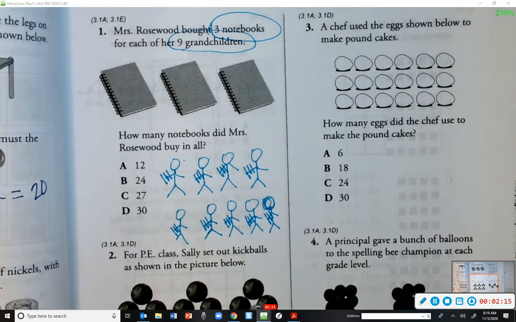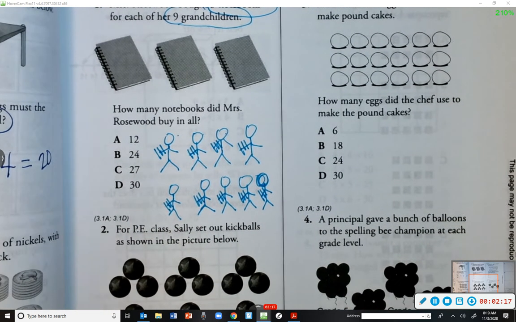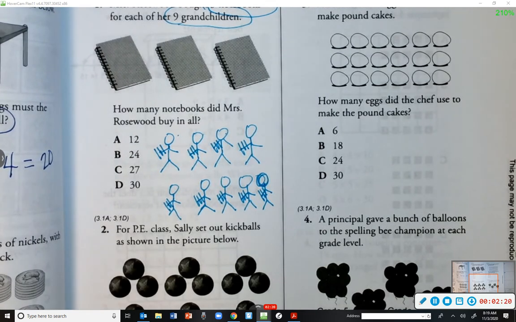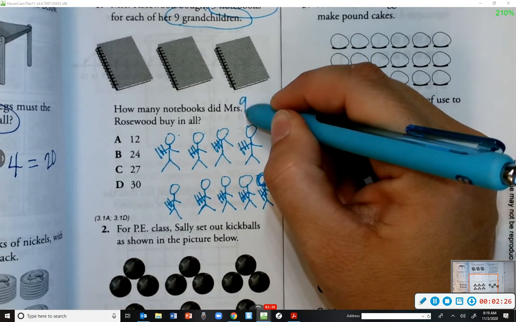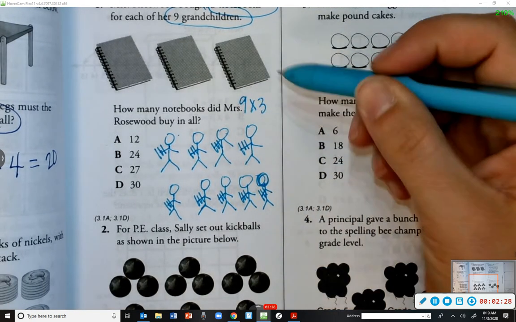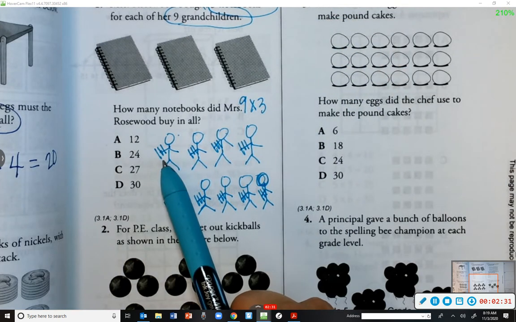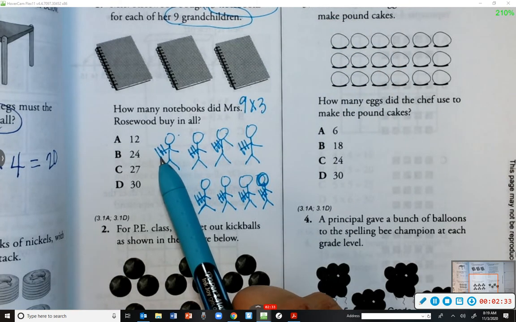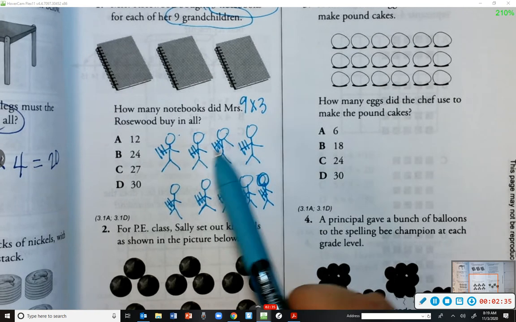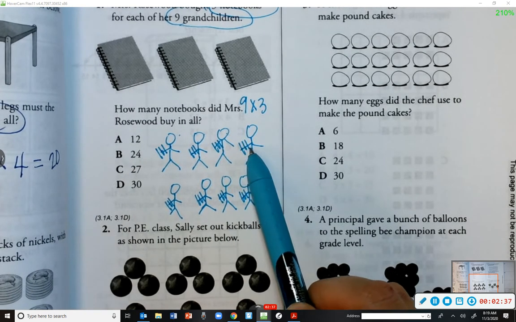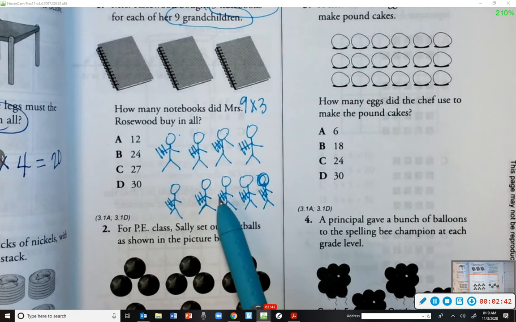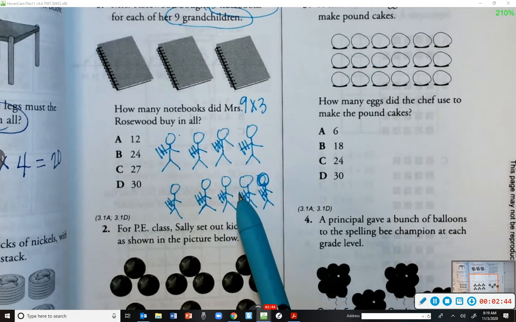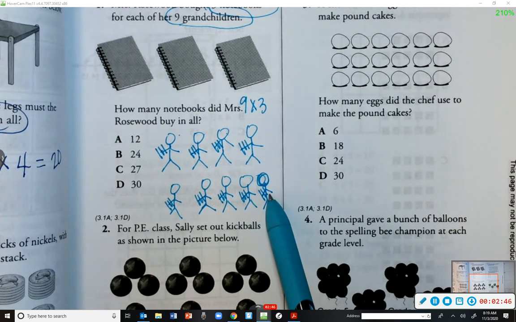Okay, and now what would I do? Evangeline? Count all of the notebooks. Okay, so I did 9 groups of 3, 9 times 3, so we could count by 3s. So let's count together. 3, 6, 9, 12, 15, 18, 21, 24, 27.